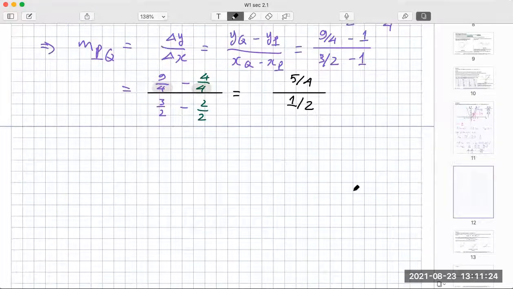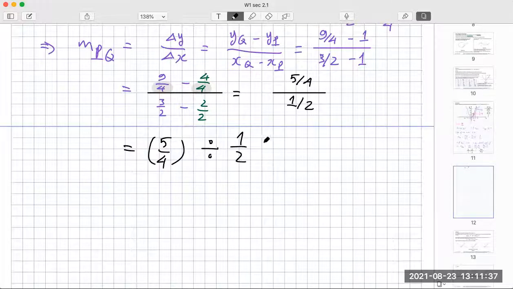Okay, now how can we deal with this? Great. Remember, good job. So this guy, the numerator, we can write it this way: 5 over 4 divided by 1/2, right? And remember, division of a fraction, we can change to multiplication by flipping this fraction. So it will be 5 over 4 multiplied by 2 over 1.